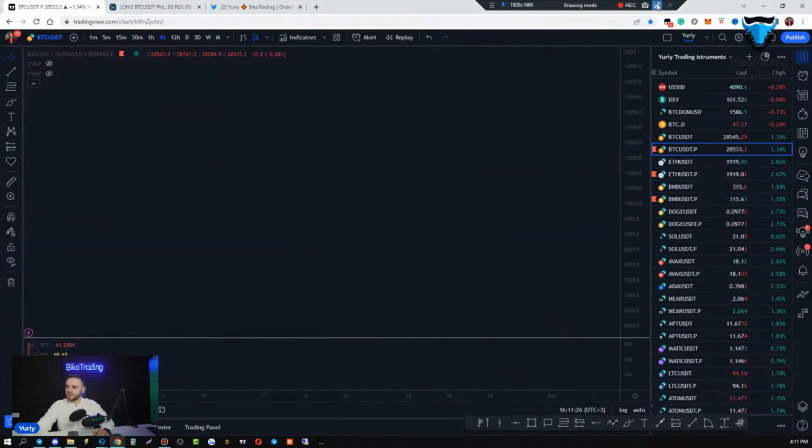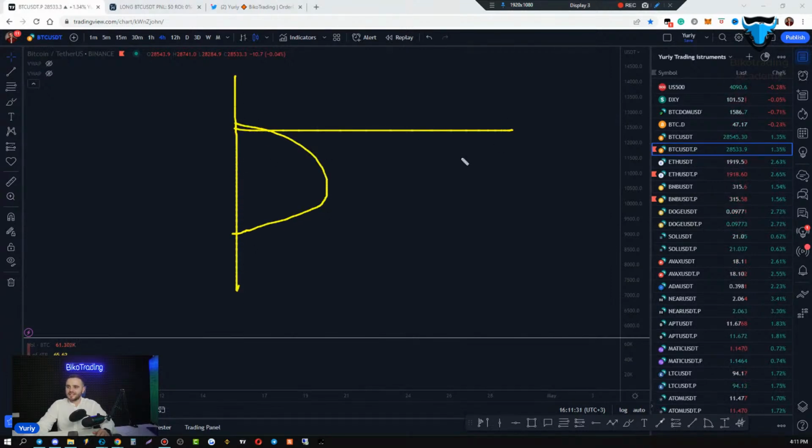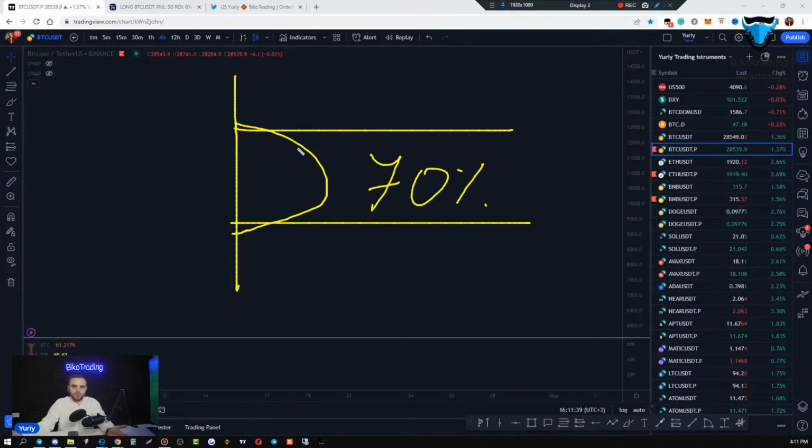Let me remind other people what value area is. Here you have volume profile. The 70% of volume that traded is called value area, because most of the volume is distributed there. Why is this important? Because in that place a lot of people build their positions, and in the future they will support it.